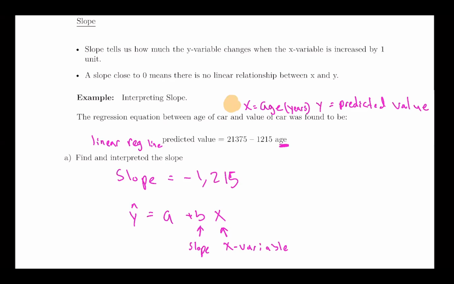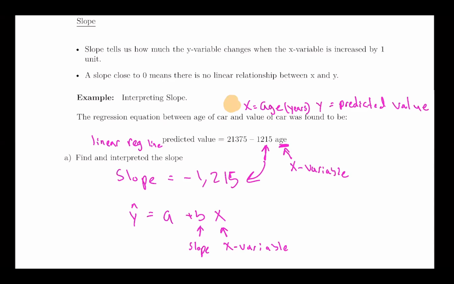We said age is our x variable, so you go, okay, what's next to age? Well, it's negative 1,215. Since it is right next to the age variable, we say that's our slope.